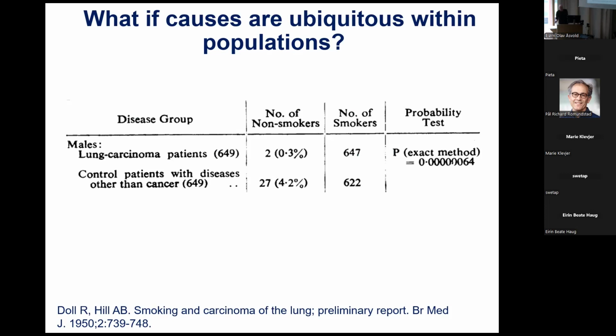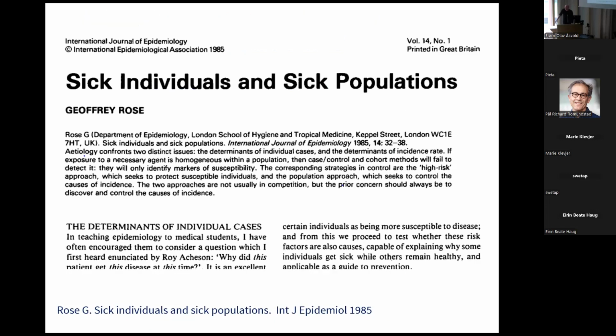Virtually every man had started smoking, and some had obviously given up. It's a pretty ubiquitous exposure. Most people were exposed. But you did have giving up smoking, which is what actually generated the major differences in the dose-response relationship.